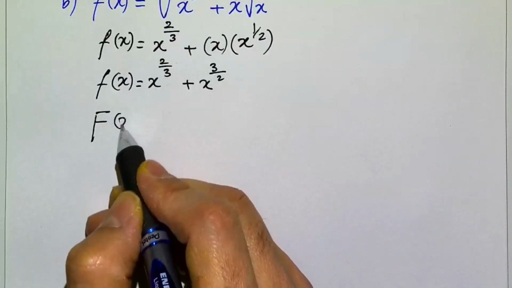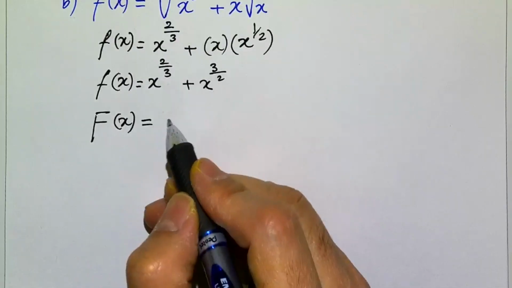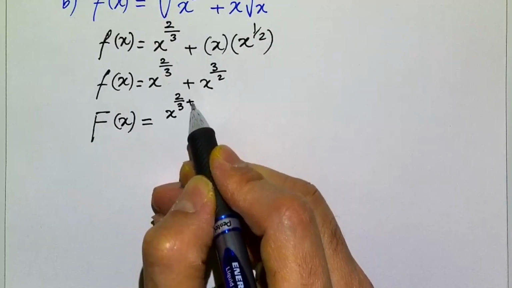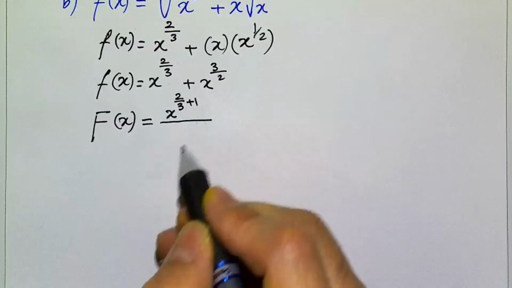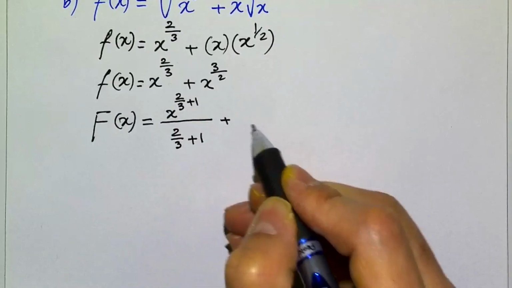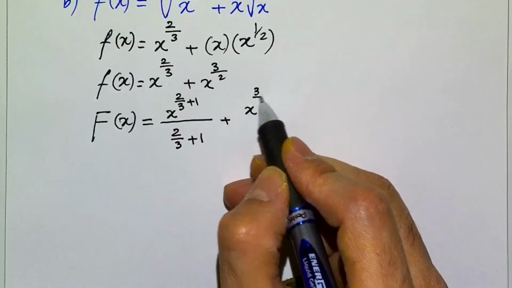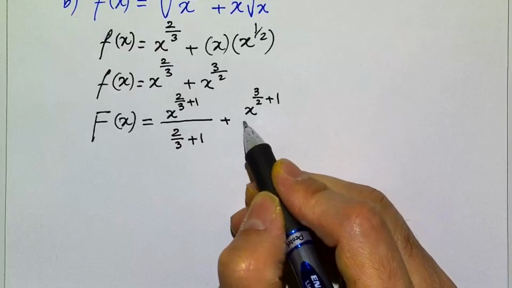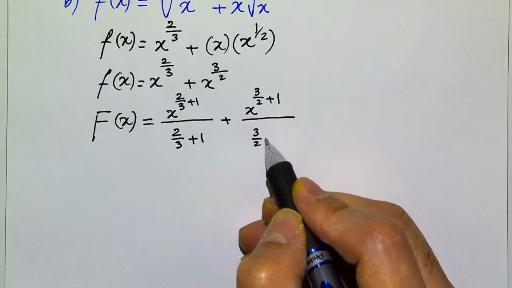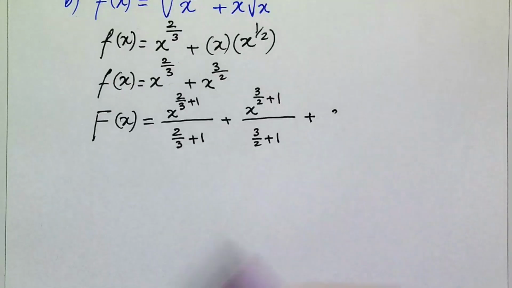So capital F of x, the antiderivative, is equal to x to the 2/3 plus 1 power divided by 2/3 plus 1, plus x to the 3/2 power plus 1 divided by 3/2 plus 1, plus C, of course.